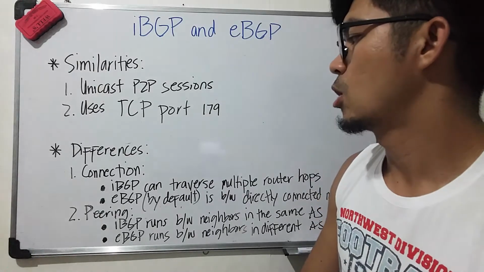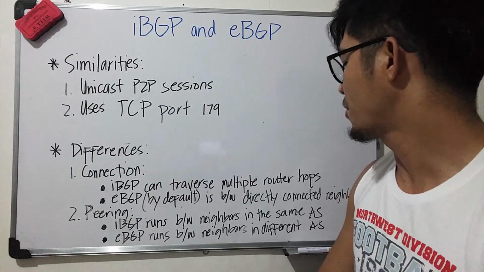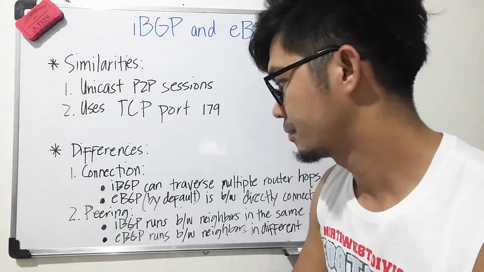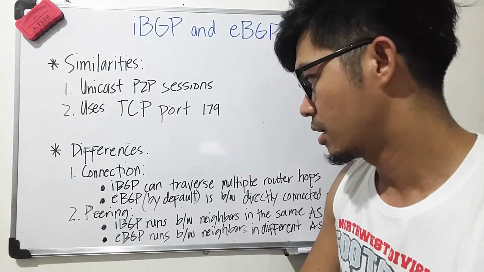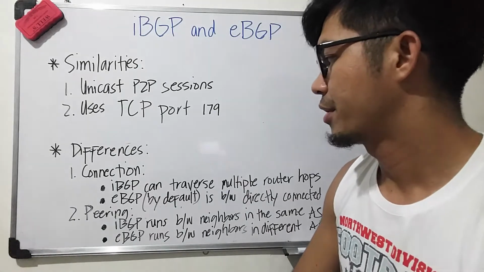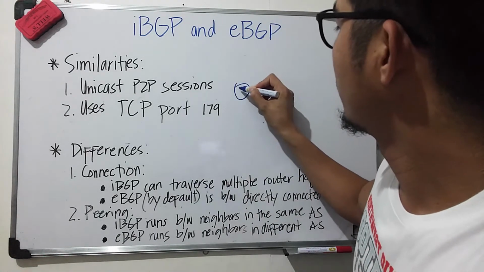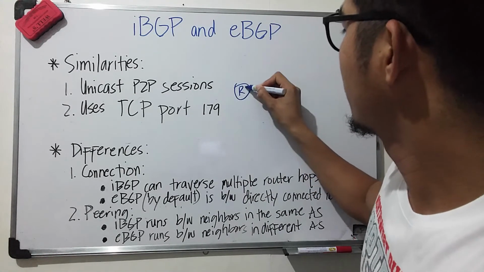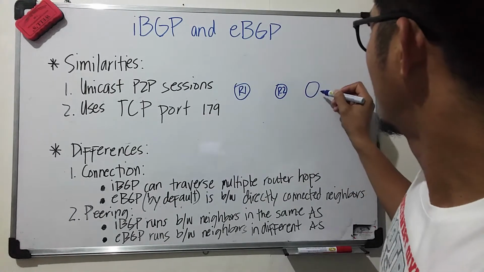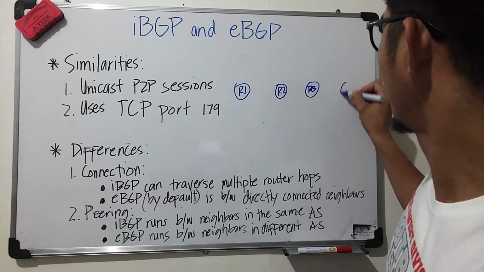Connection. iBGP can traverse multiple router hops. So a router can, for example, let me just give an example. R1, R2, R3, and R4.